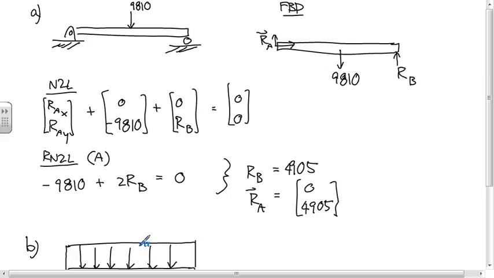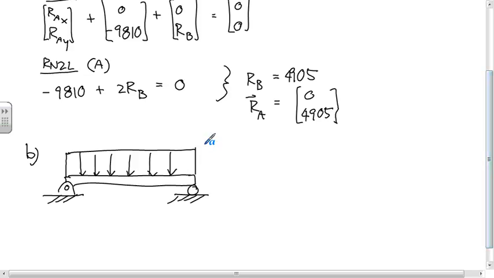So it has to add up to 98.10. So how would we turn that into a distributed load? Yeah, just divide by the length. Yep. And so we'll represent this as 4905 newtons per meter.